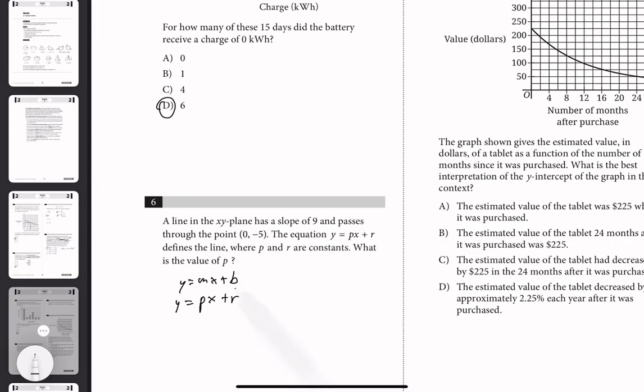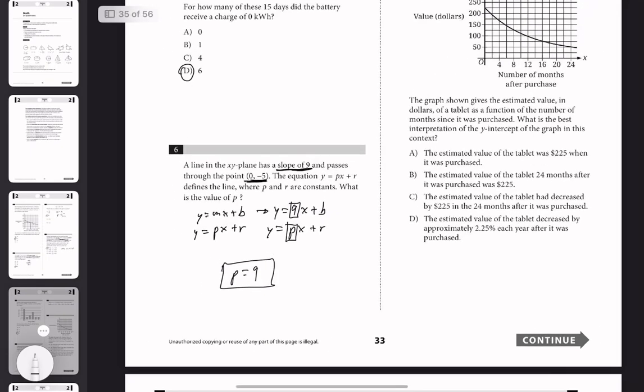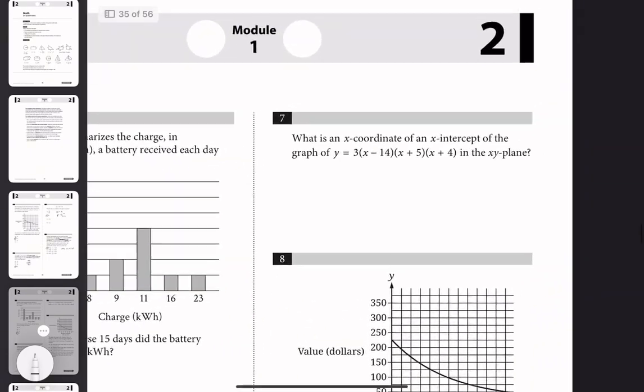So r is equal to b and p is equal to m. It says we have a slope of 9. It also gives us a point, but if we plug the slope into our equation, y is equal to 9x plus b, and comparing with px plus r, we see that 9 is actually p. So p is equal to 9. Sometimes it gives you more information than you actually need. Just take what you need.